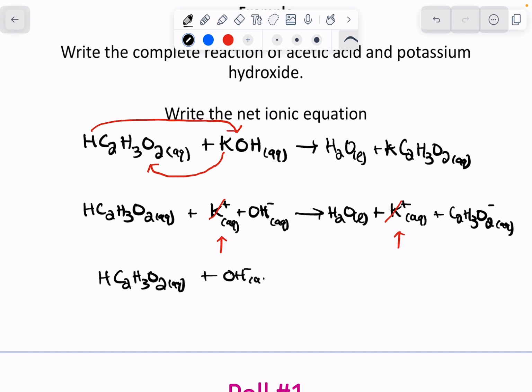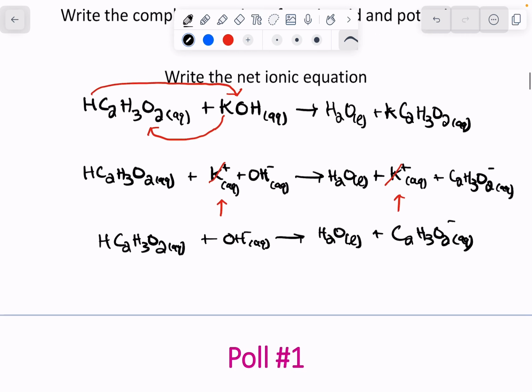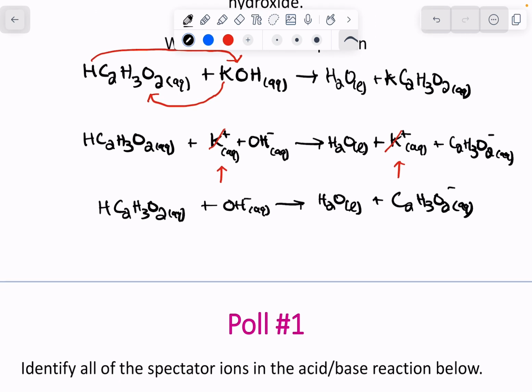These are the species that are actually doing something in the reaction. And so this is my net ionic equation. Notice that the strong base completely dissociates and the weak acid does not.